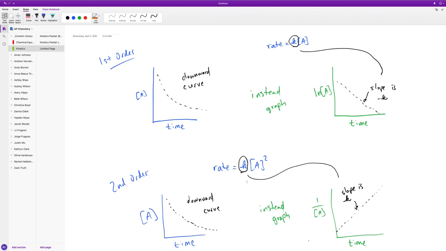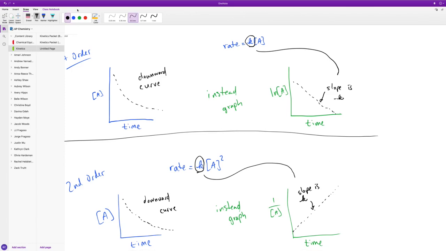Now let me say something here. If you take a first order reaction and you graph the natural logarithm versus time, you get this line. If you instead tried to graph the reciprocal, I don't know what the graph would look like.